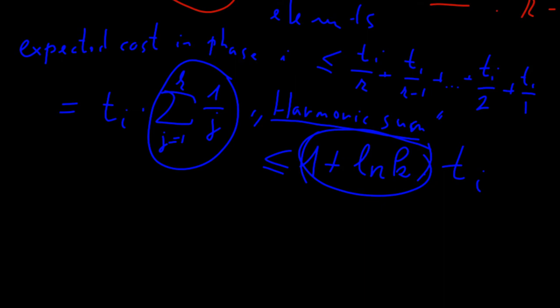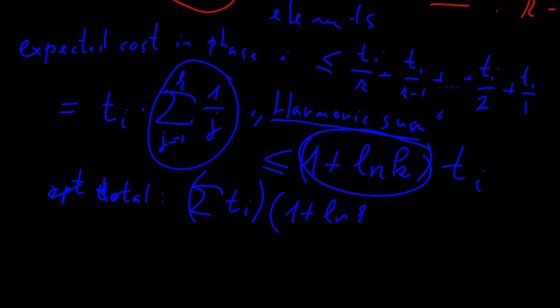So what we have is that the expected cost is at most this, and the total expected cost is the sum of the expected costs for each phase. The total expected cost is just the sum of the ti's times 1 plus ln k, because k is independent.